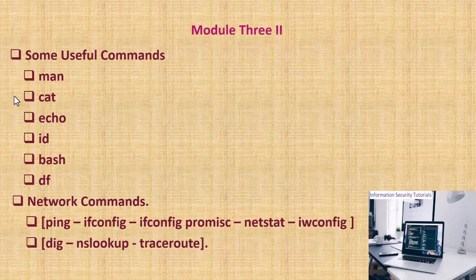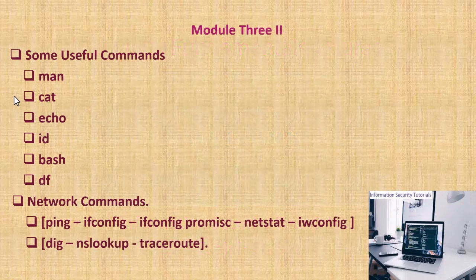Then we will talk about the df or disk file system command, which gives you some information about the disk space available on your system and so on. Then we will discuss other good commands in networking, like ping and ifconfig, and ifconfig promiscuous, which is very important to enable such a mode, and we will discuss why you should enable this mode.